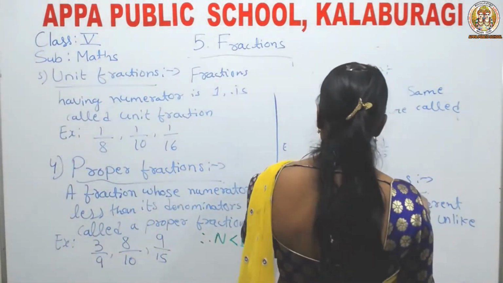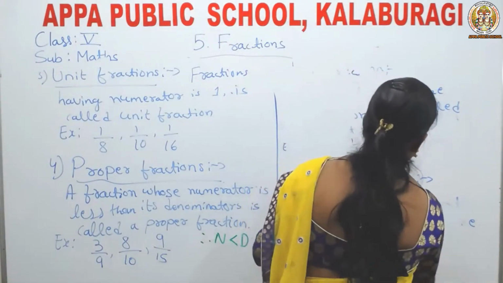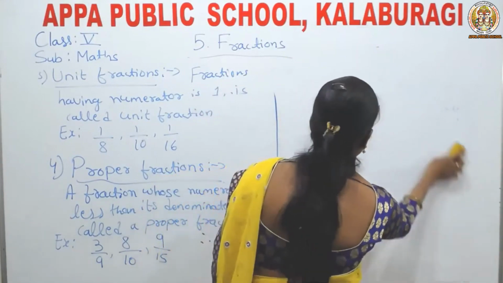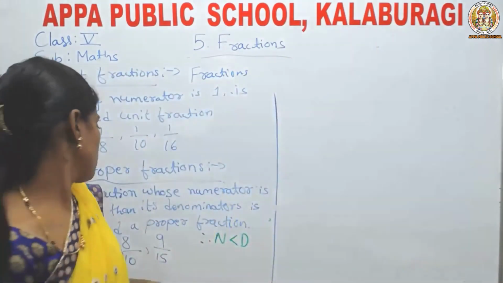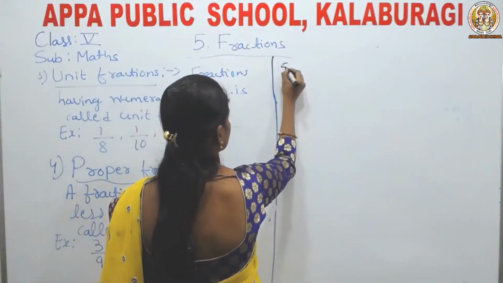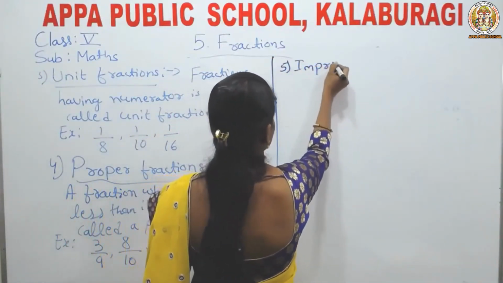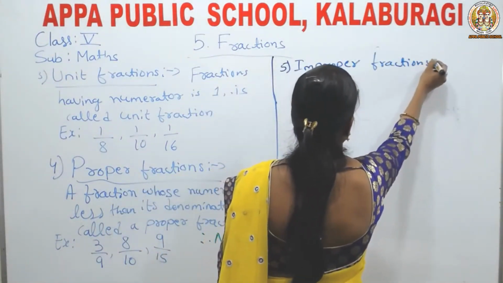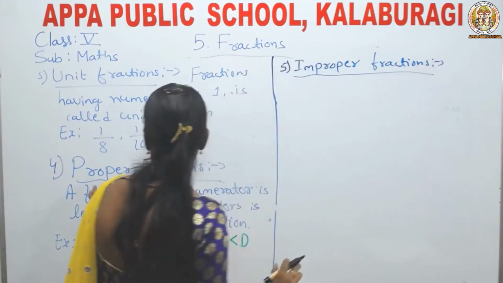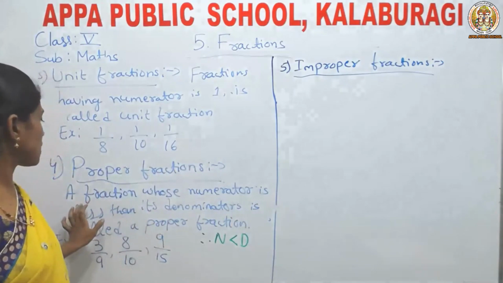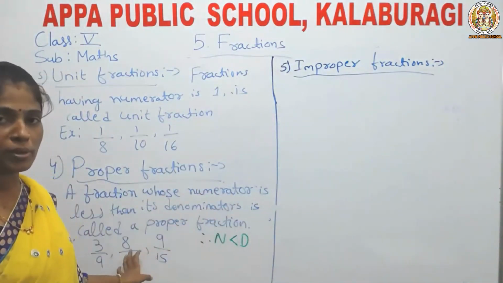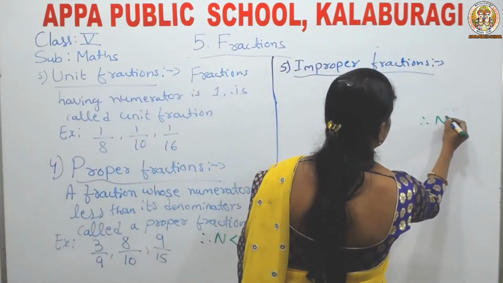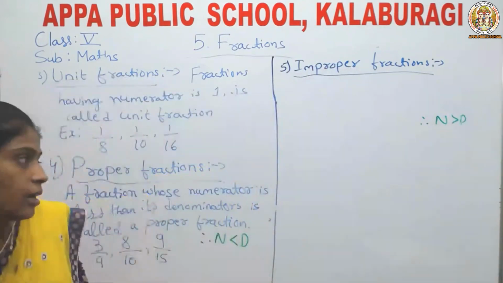Fifth, improper fractions. This is the opposite of proper fractions. In a proper fraction the numerator is less than its denominator. Here the numerator is greater than the denominator.